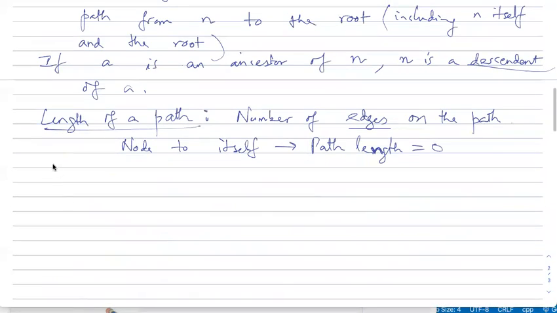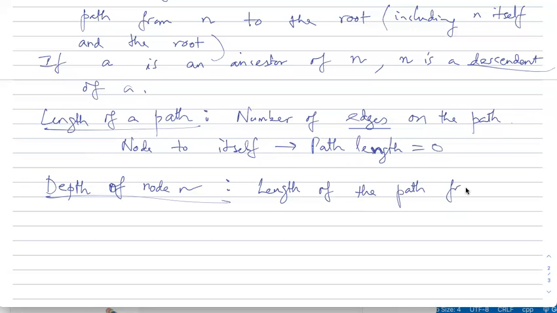Okay. Then depth. These two are very important concepts to remember, because we don't want any confusion in terminology. There is length, depth, and height. The depth of node n is the length of the path from n to the root, not to the leaf, to the root.